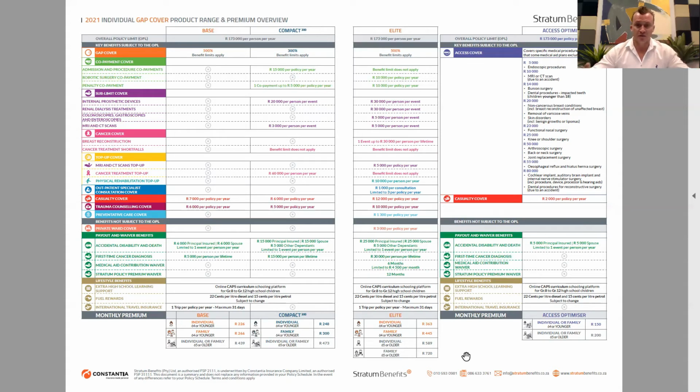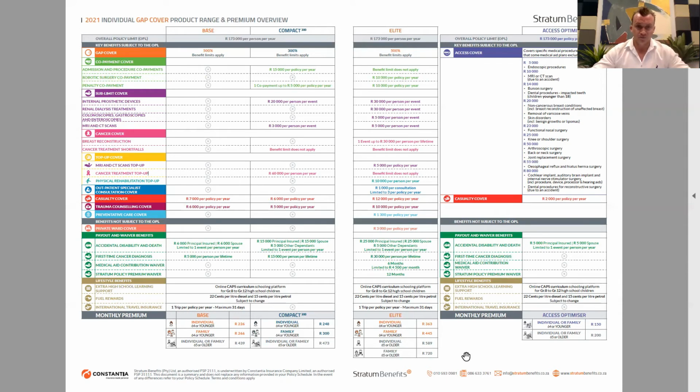It's got so many different options over and above what you would get from a normal gap cover. They've really spent time looking at what the need out there for gap cover is. In my opinion, this product has just revolutionized gap cover completely. What you pay for and what you get, it's truly just amazing.